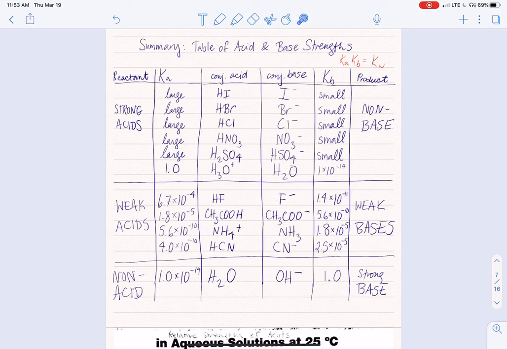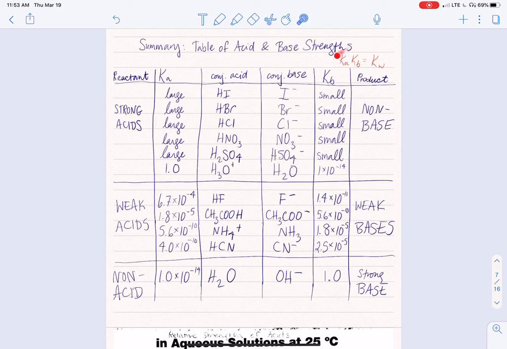One interesting thing is that I can always get a Kb from the Ka through this very important relationship here. The product of Ka and Kb is the ion product constant for water, Kw, which we know is 1 times 10 to the minus 14. This is extremely useful because if you have a Ka, you always have the Kb of its conjugate base and vice versa.